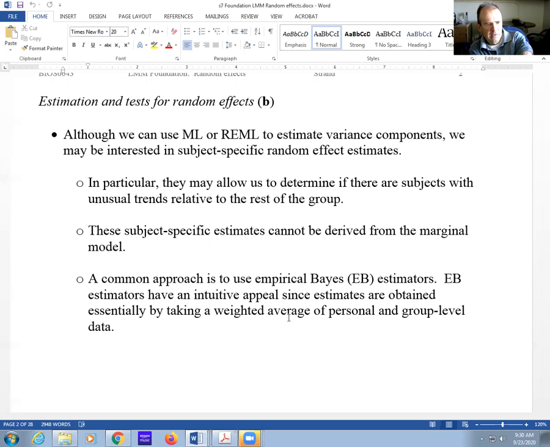I really like these estimators because they're very intuitive. They involve a weighted average of personal and group level data. The way you determine the weights depends on the data that you have, and again, we'll talk more about that.